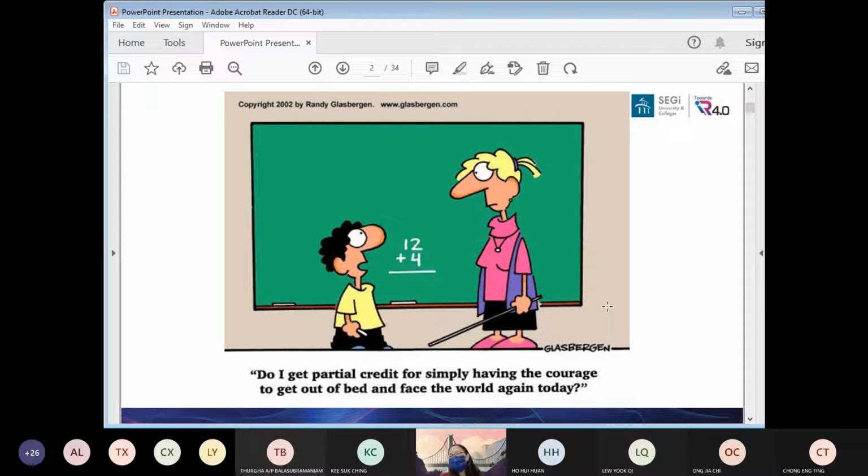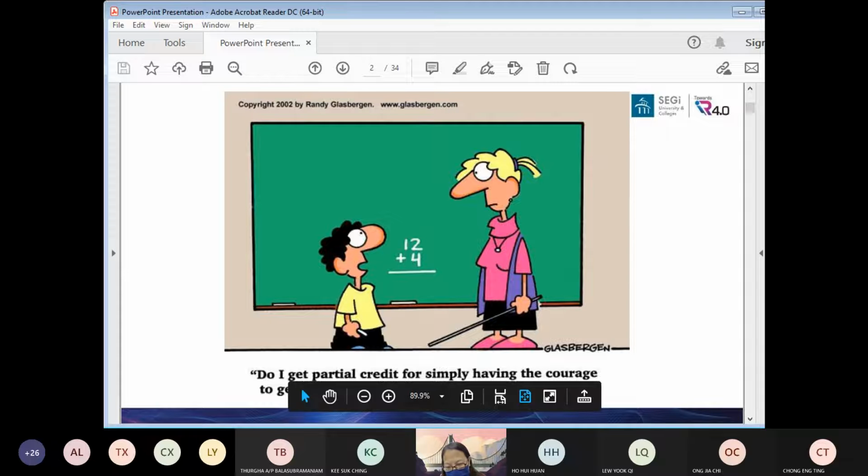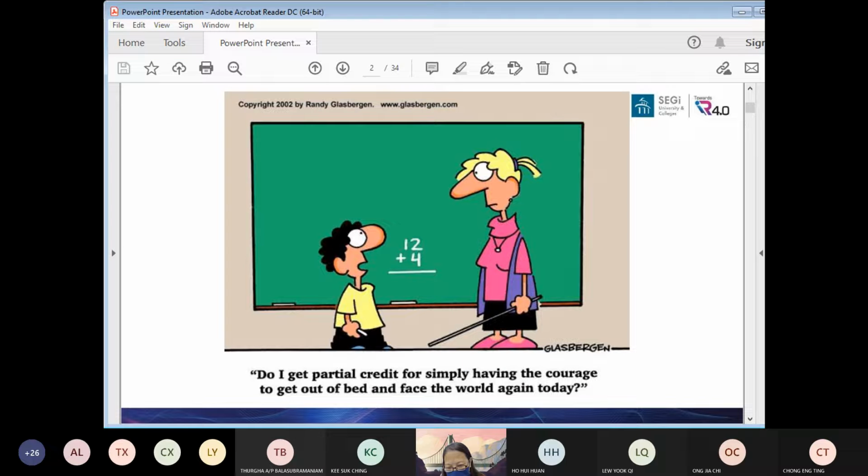This child, does he know how to do the maths? Do you think he knows how to do the maths or not? Looking at the picture, do you think he knows how to do the maths? No, Miss. No. Okay. So why you think no?